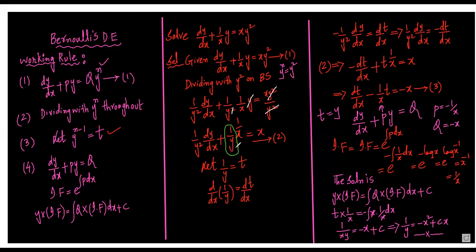Assume this value is equal to some other variable, and after differentiating, you should get this term. If you are not getting it, then somewhere you are doing wrong. Then you have to differentiate with respect to this variable; sometimes it may be x, sometimes y. The reverse form also occurs. Then we differentiate and convert this problem from Bernoulli form to linear form.